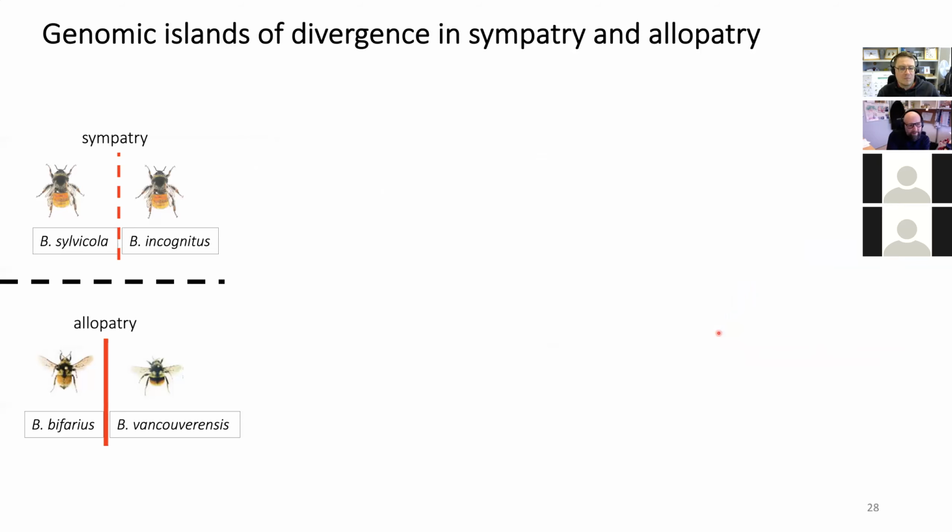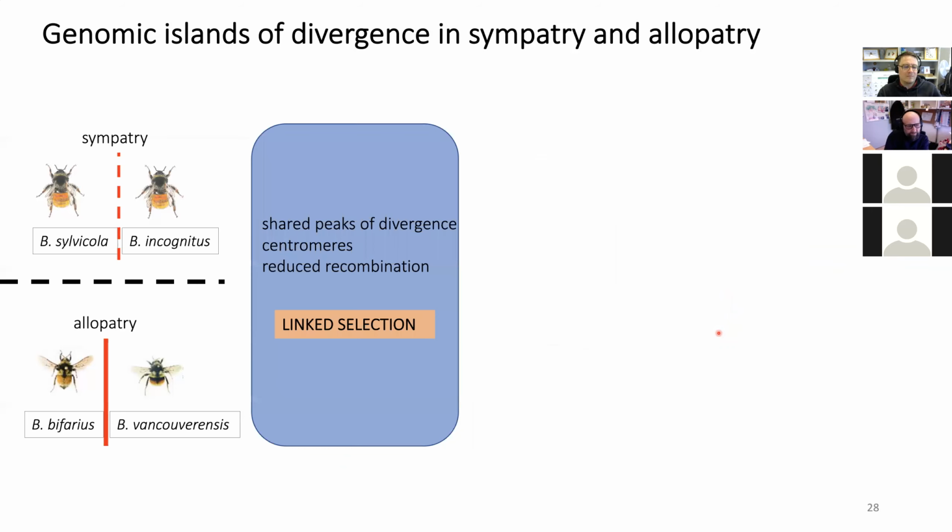Just to put these different findings together and give my interpretation of them, we can see that in both the sympatric and the allopatric comparison, we found these peaks of divergence, which tend to occur around centromeres and in regions of reduced recombination. And this is fairly typical of what's expected when you have linked selection interacting with the landscape of recombination, driving divergence.